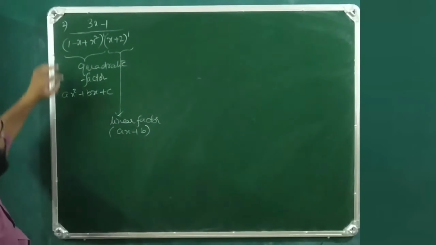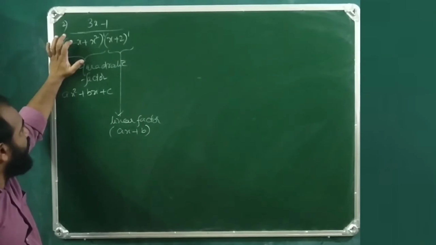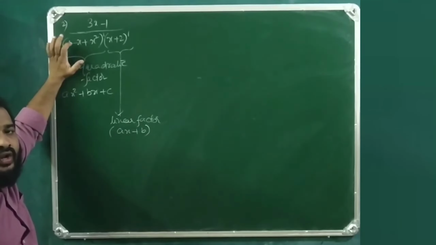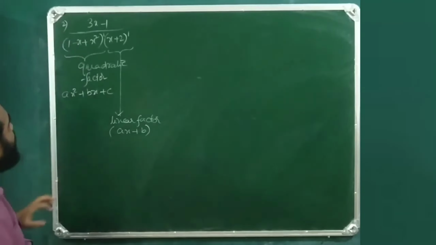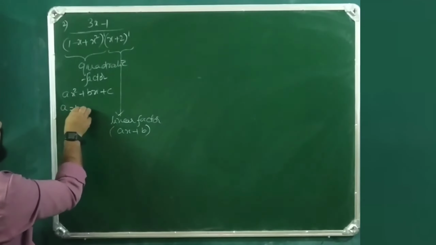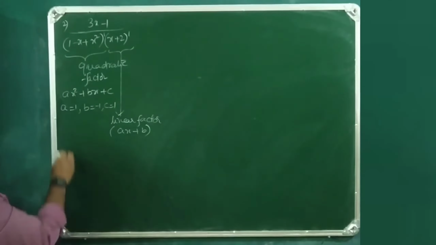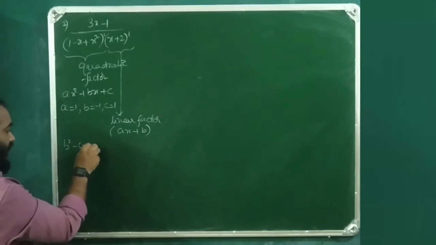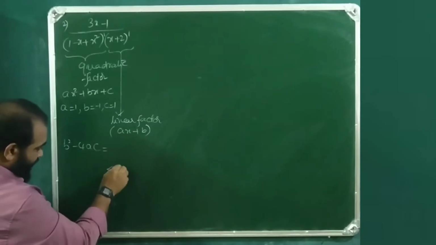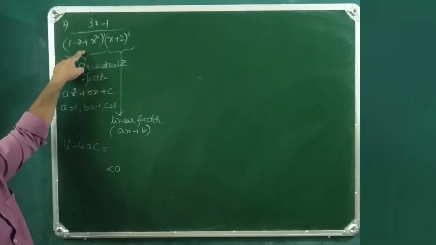And here, this quadratic factor, we should see whether this is the irreducible quadratic factor or reducible quadratic factor. So this is x square minus x plus 1. So a equals 1, b equals minus 1, c equals 1. So b square minus 4ac, if less than 0, then this is the irreducible quadratic factor.